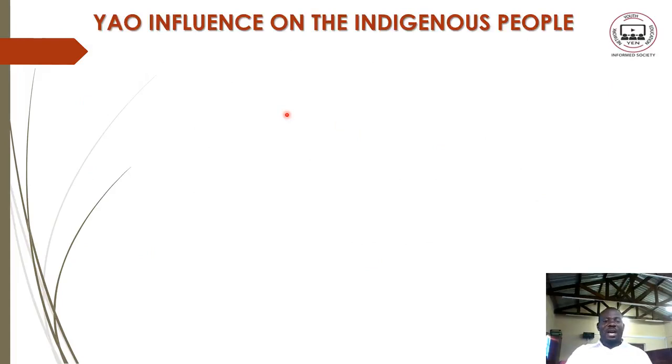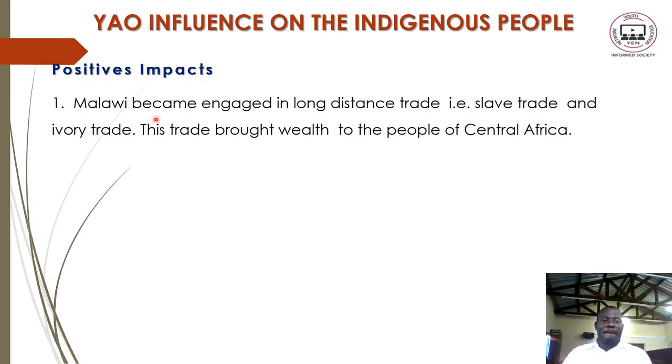Now, let us look at the Yao influence on the indigenous people. There were both positive as well as negative influences. To begin with the positives, Malawi became engaged in long-distance trade, that is slave trade and ivory trade.